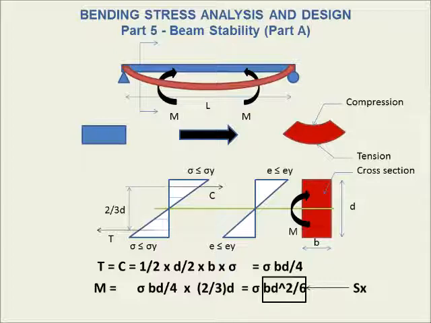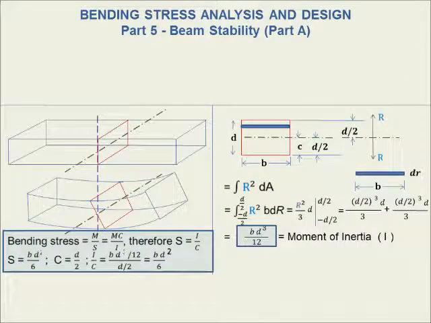In the second part, we came up with the moment of inertia. This was a deep dive into the concept of moment of inertia, which is not a simple concept by any means. I would advise you to go back and watch that video to refresh yourselves on that concept. But essentially, the moment of inertia has to do with the resistance of the cross section of a beam to rotating.